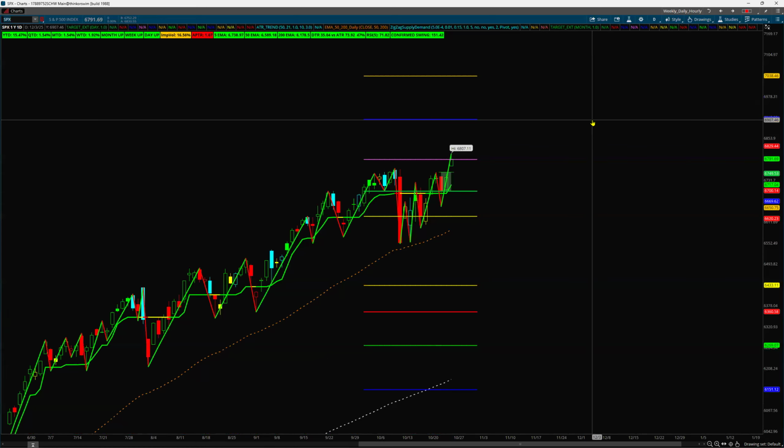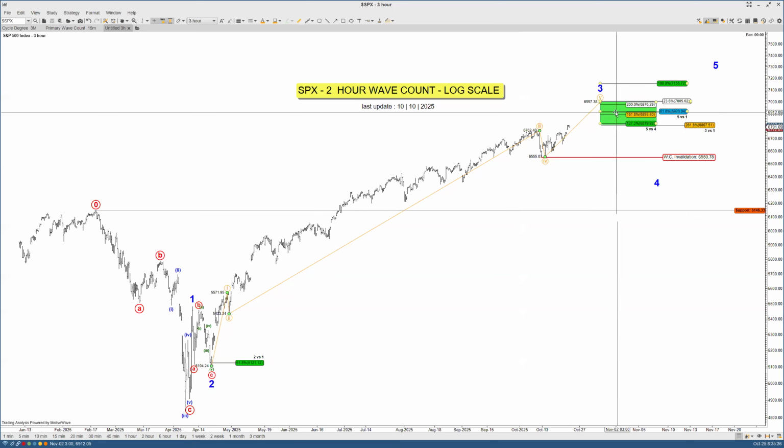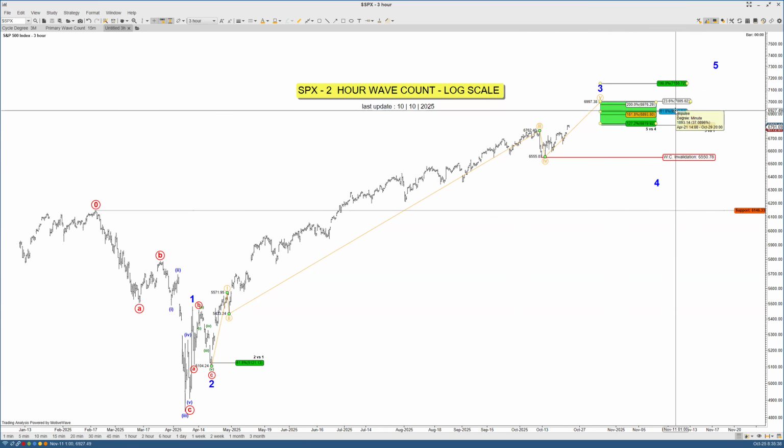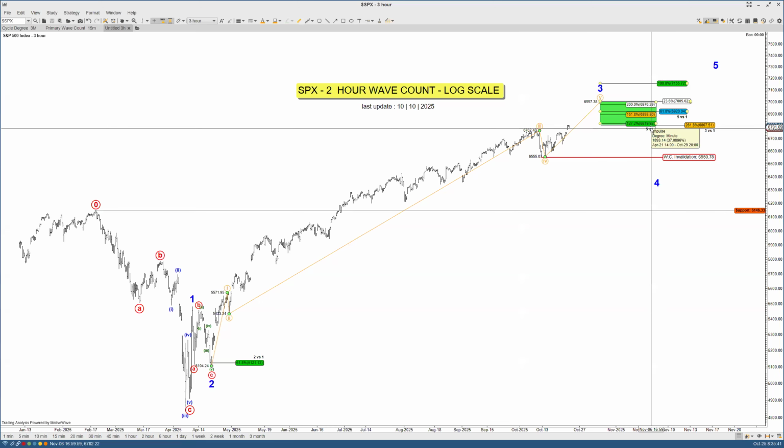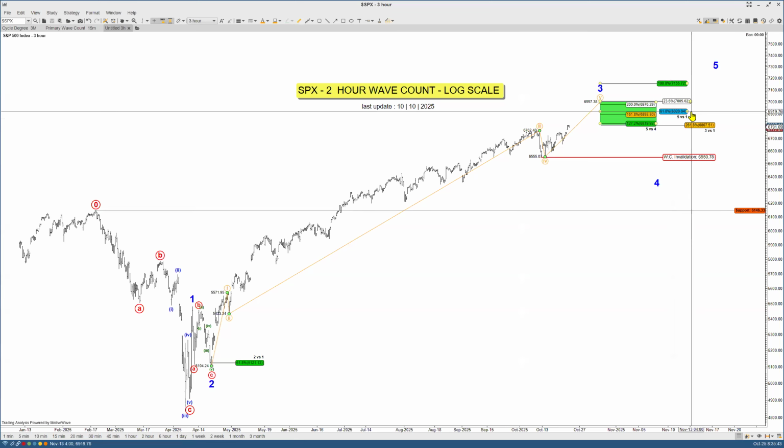So that gives us the same 6,900 mark here as well. If we're at 6,800, we're looking for another 100-point move. That'll put us at 6,900.